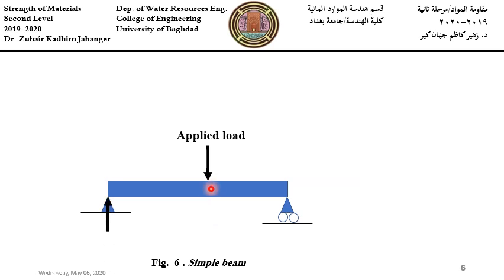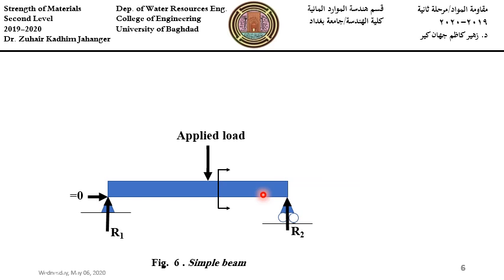So we have reaction R1, and the horizontal component will be 0 because there is no horizontal applied load, and we have a reaction R2 at the roller side.